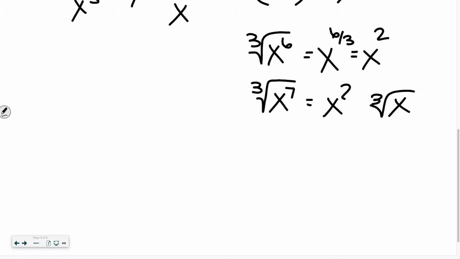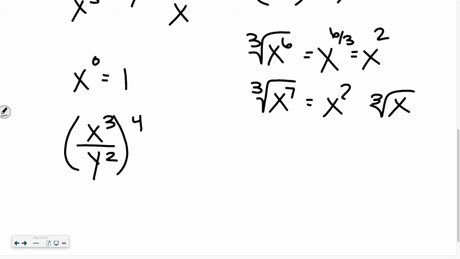Anything raised to 0 is 1. Oh, sure, yeah. So x to 0 is equal to 1. Okay, good. Anything else? There's two more, and they would be something like this. Suppose I had x cubed over y squared.